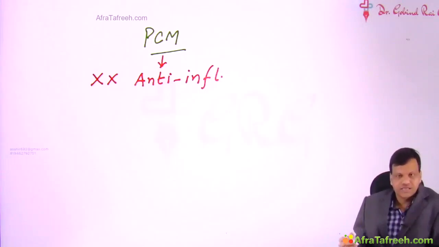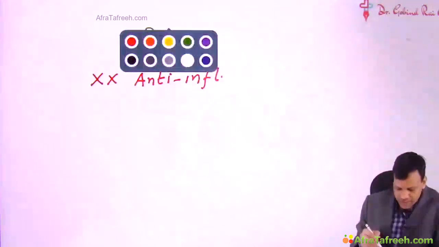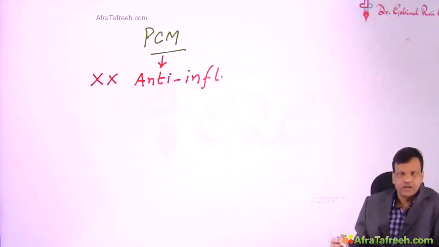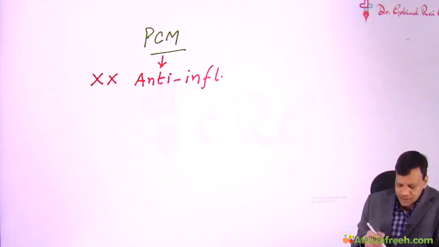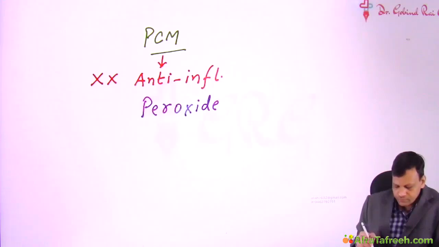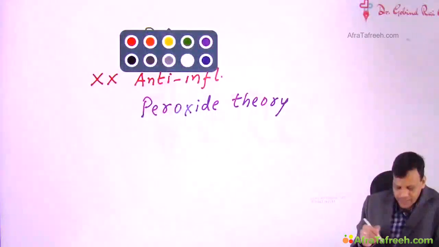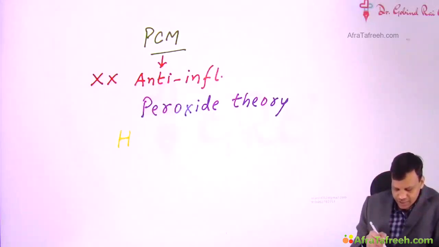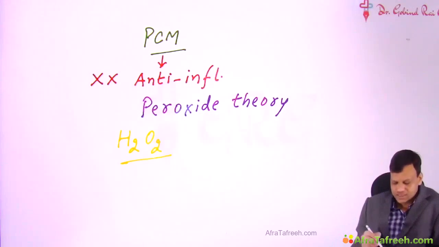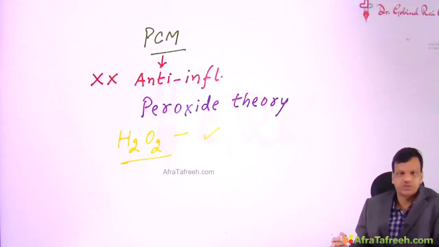Now to explain why it does not have anti-inflammatory activity, a theory was made. That theory was called the peroxide theory. According to this theory, paracetamol becomes inactive in the presence of hydrogen peroxide. At the site of inflammation, there is formation of a large amount of hydrogen peroxide.